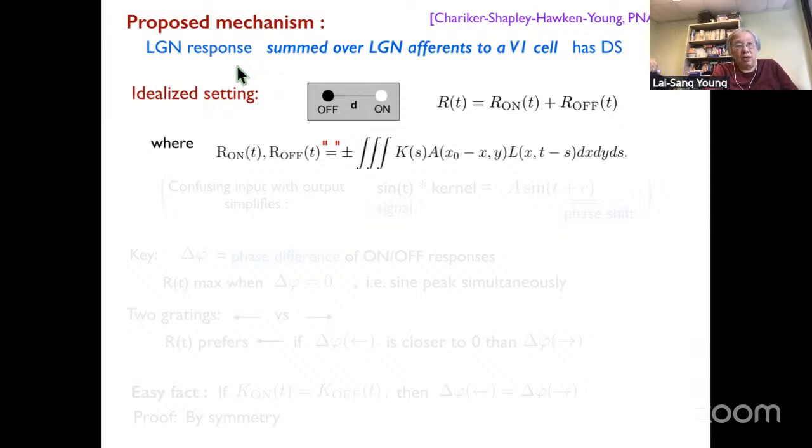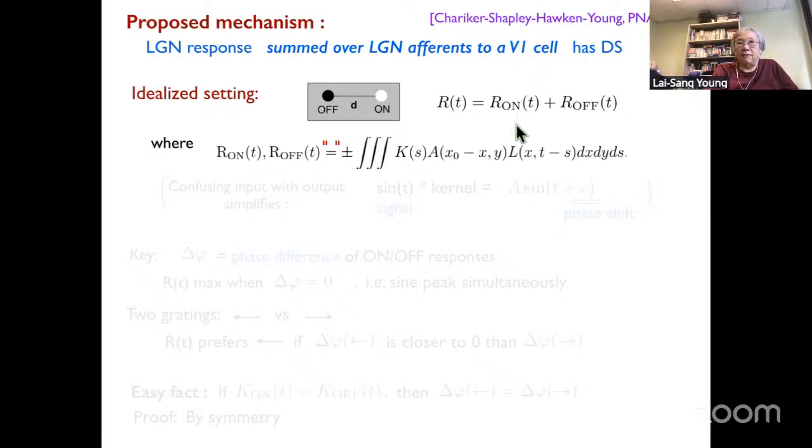Each individual LGN cell does not have a direction preference, but if you look at all the LGN cells that project to a single V1 cell and sum their responses, there's already a directional preference. It didn't come out of the blue. The input to the V1 cell already has it.